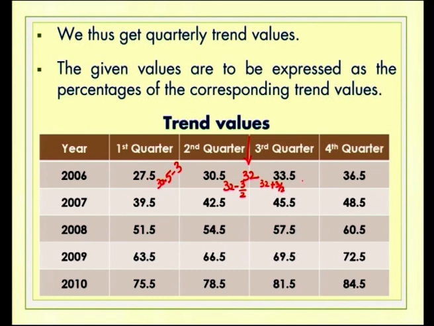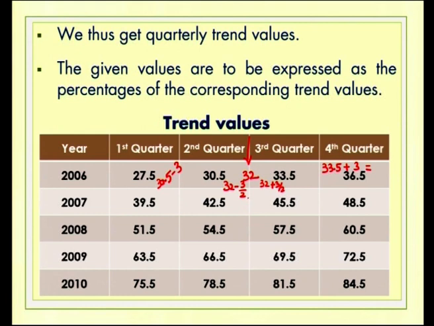Similarly, after 33.5 for the third quarter, for the fourth quarter we add the quarterly increment of 3 to the third quarter. So, 33.5 plus 3 is equal to 36.5. Similarly, these values are also calculated.